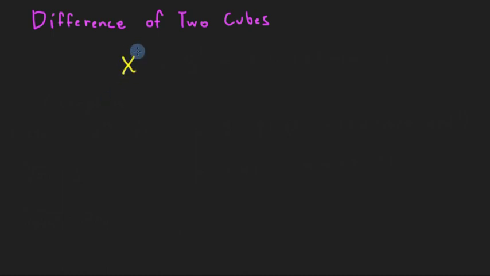So that says x cubed and then y cubed. And then between them is a subtraction operation. That's why it's called difference of two cubes. So if you see a binomial like that, you can factor it this way.